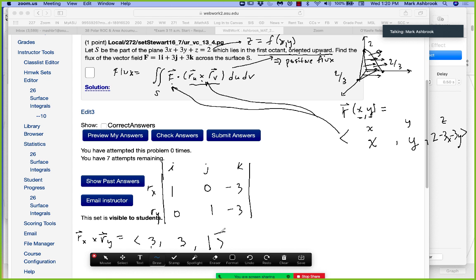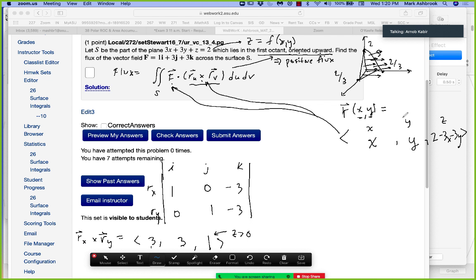That's right. Z is greater than 0, and that agrees with the fact that we have upward orientation. And so we like this Rx cross Ry vector because it's in line with positive orientation, which is upward, or kind of up and outward, out toward us in the first octant.